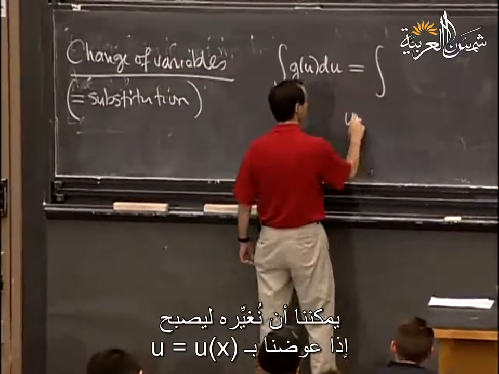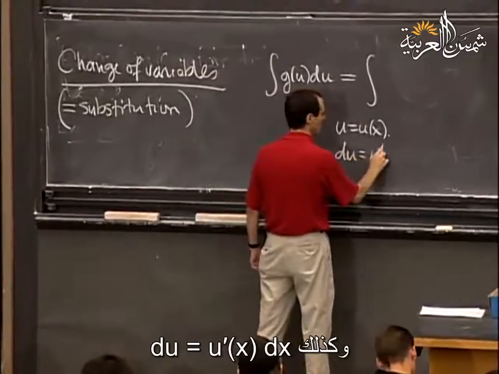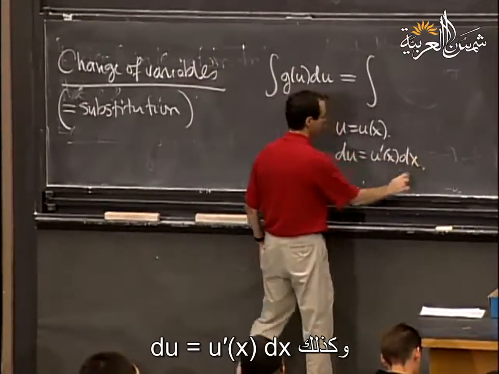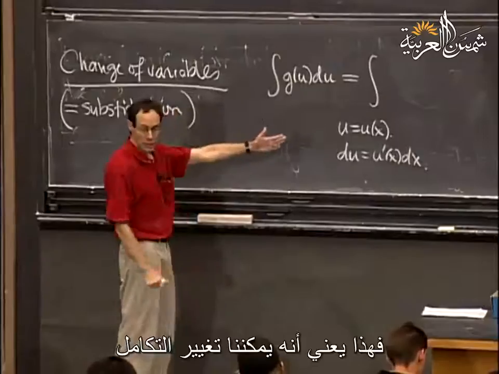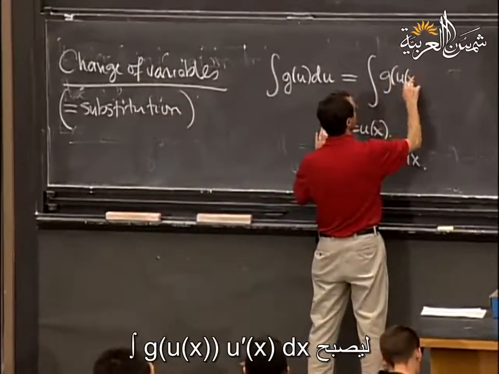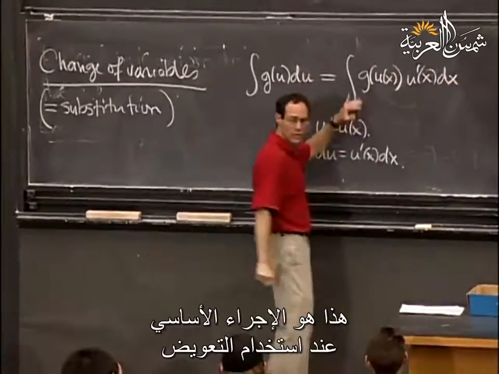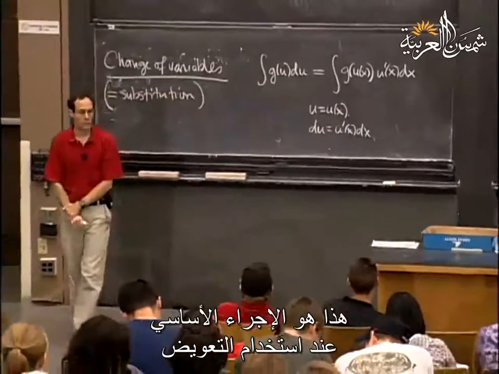If you put in u equal to u of x, and you have du equal to u prime of x dx, then you can change the integral as follows. This is the same as g of u of x, u prime of x dx. This was the general procedure for substitution.